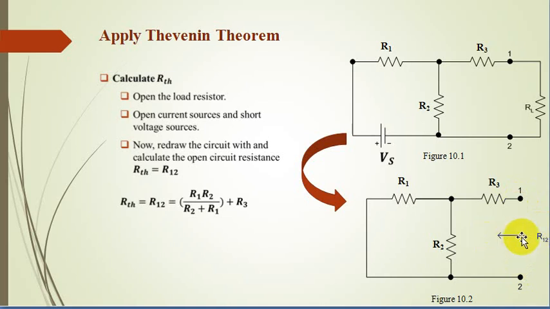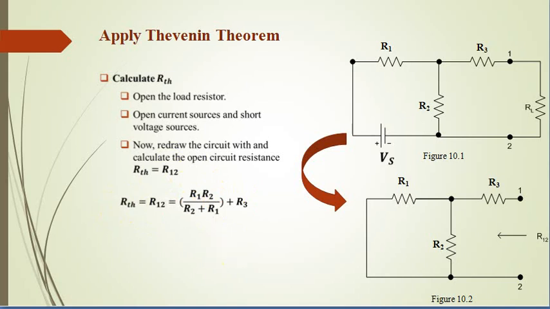When we look through these points, you can clearly see that R1 is parallel with R2. You solve this according to the parallel combination. After the parallel combination, the resulting resistance is in series with R3. So we add R3 to this combination. This is the final form of your R Thevenin.